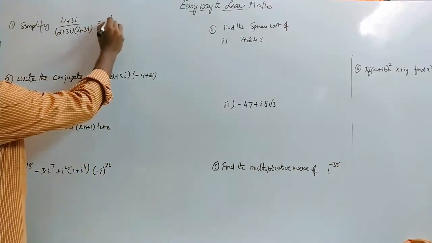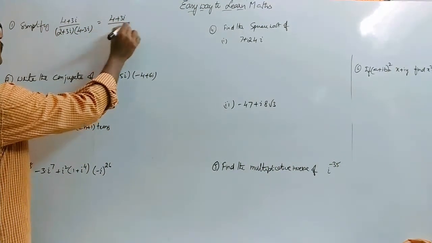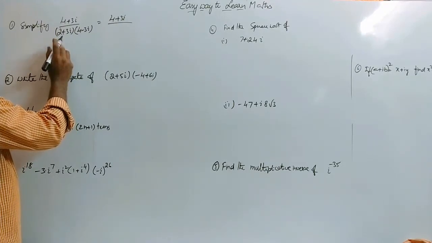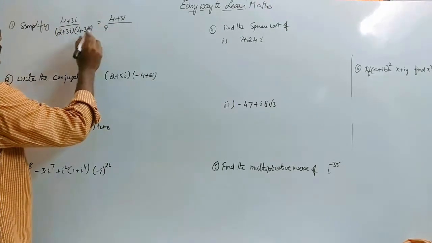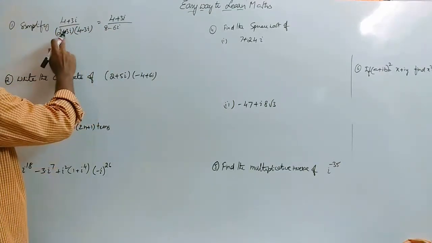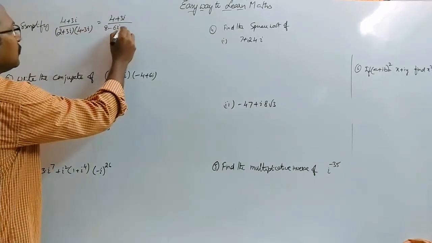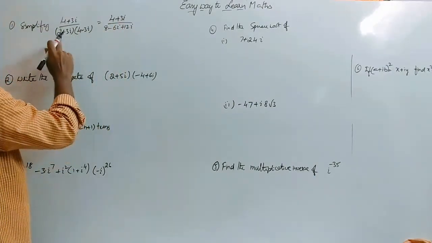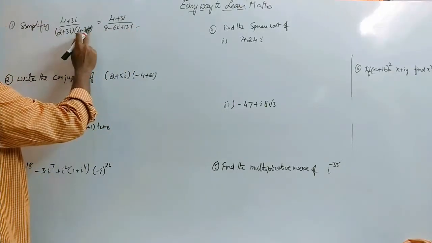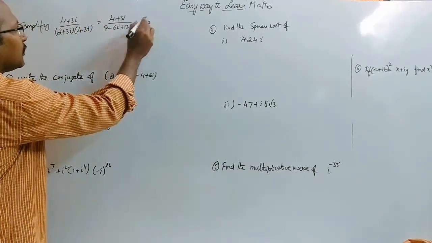Therefore, that is equal to 4 plus 3i by the usual multiplication as in the case of polynomials. 2 into 4 is 8, minus 2 times 3 is 6i, plus 3 times 4 is 12i, plus minus 3 times 3 is 9, i into i, 9i square.